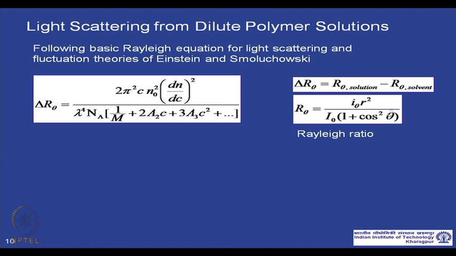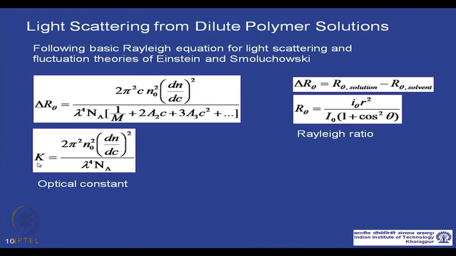So, the Rayleigh ratio is basically this expression, and delta R theta is nothing but the Rayleigh ratio for that particular theta for the solution minus the Rayleigh ratio for the solvent. K is defined from all the terms which we know.